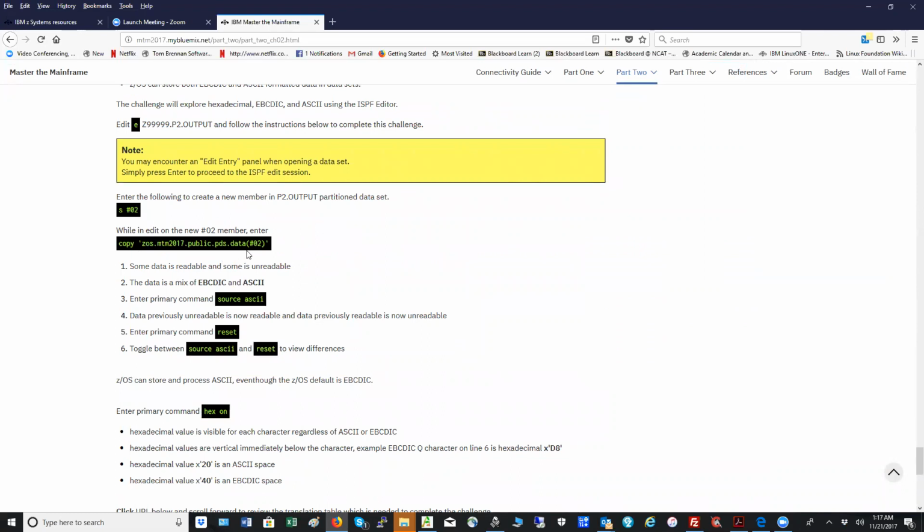Let me be really clear: you are creating a member, not a data set. The data set has already been created. The data set is pds.data, and you're creating the member hashtag 02.